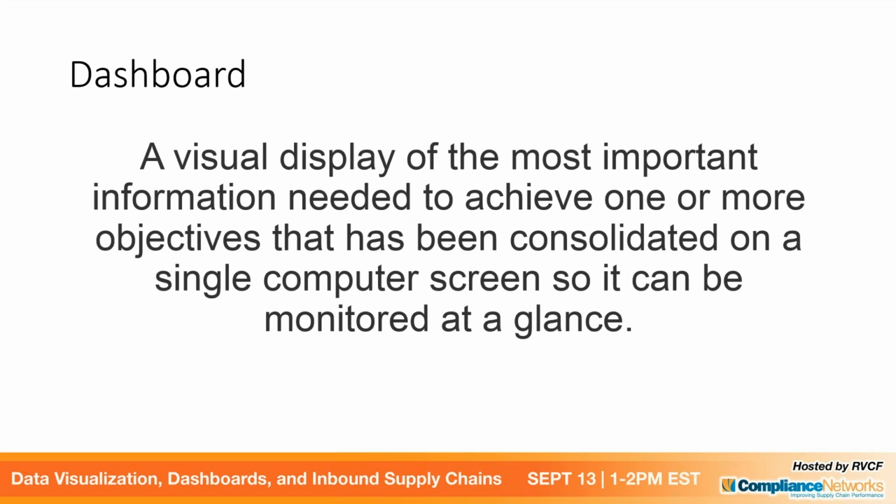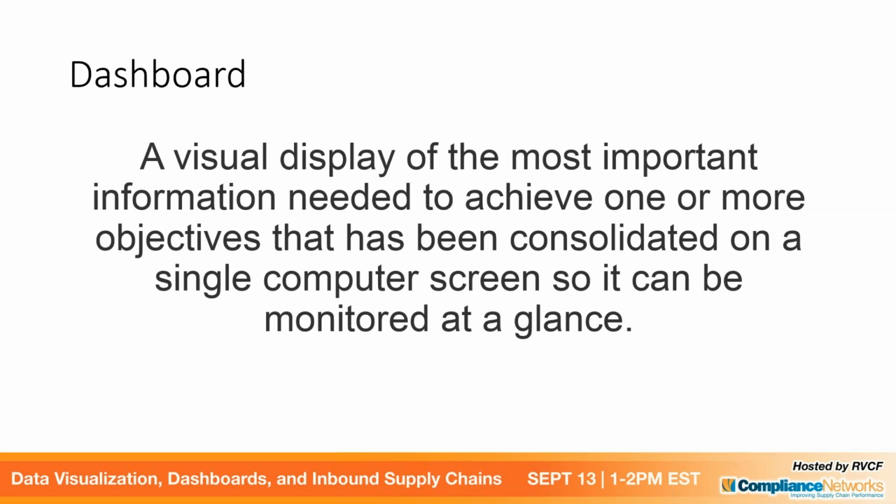So to review, I mentioned that a data board was a visual display for monitoring, comparing things, or alerting, i.e. situational awareness. And now we want to talk about a dashboard in the same way.